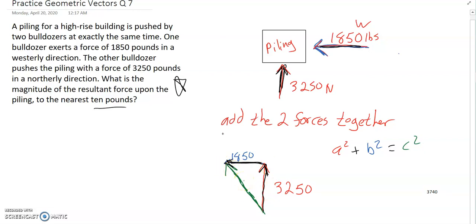If you do Pythagorean theorem, 3,250 squared plus 1,850 squared equals, let's call this R. C, I guess it doesn't really matter. Take the square root of both sides and you can plug that in your calculator.